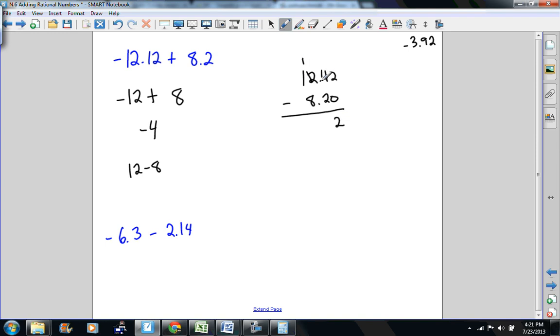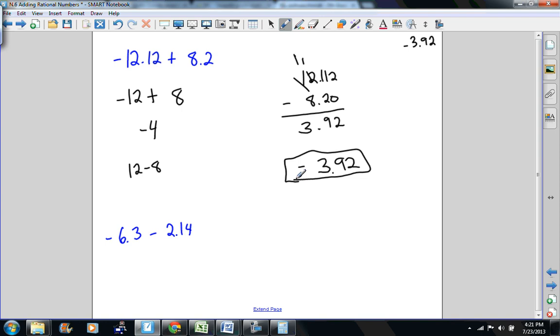We have to borrow, which gives us 9. Borrow again, gives us 3. We know we're getting close, but then we have one problem. This has to be negative, because it told us over here that it's negative. So that's our answer, and we confirm that with a calculator.